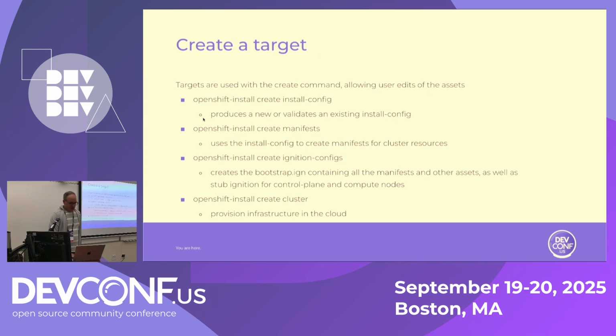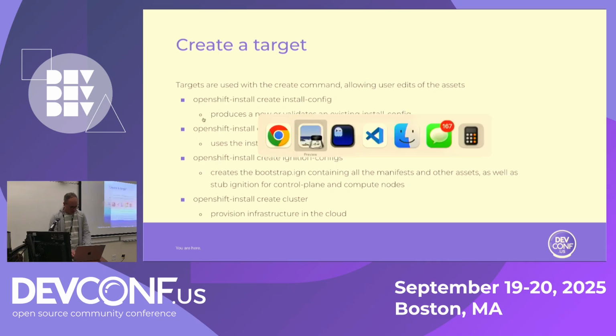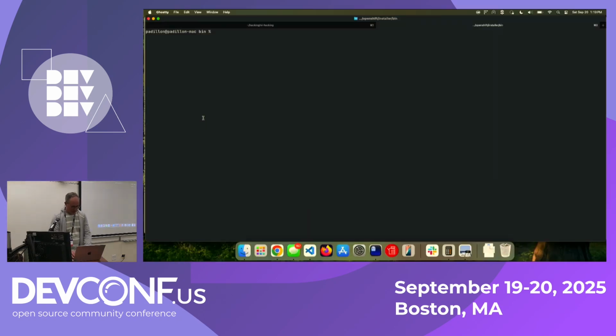As I mentioned, the top-level groups of assets are called targets, and the OpenShift installer exposes commands. Let me zoom in a little. The OpenShift installer provides commands that expose to users the assets that are created as a result of those targets.